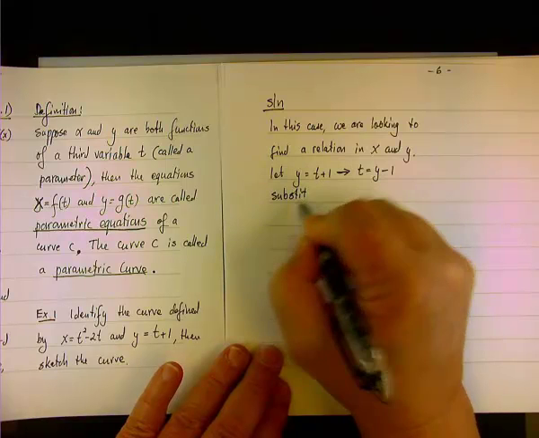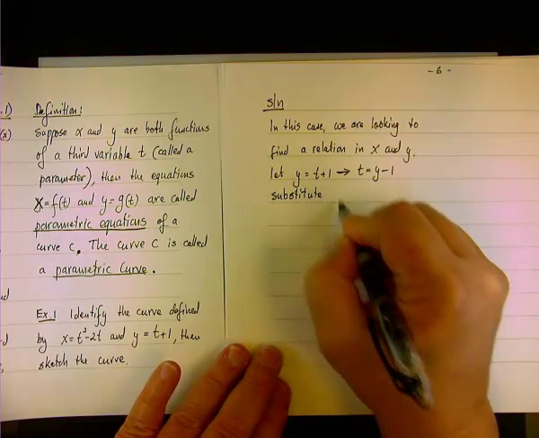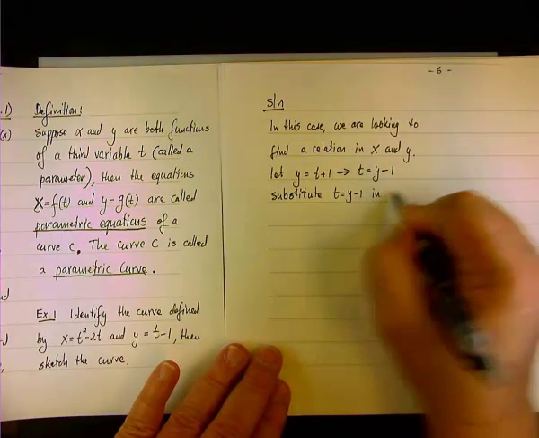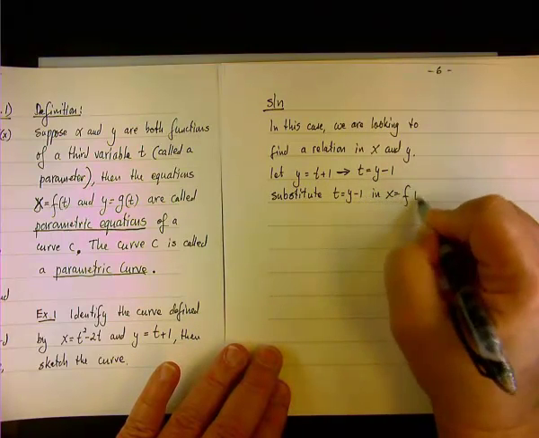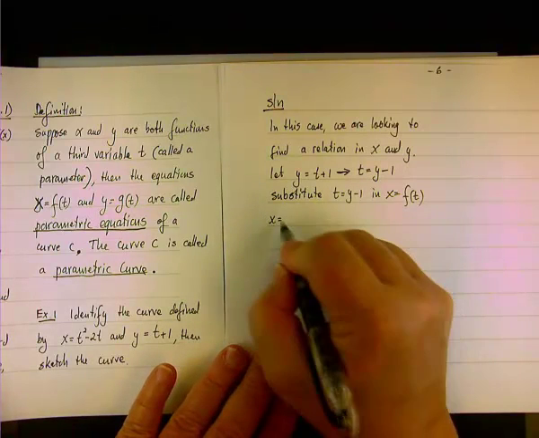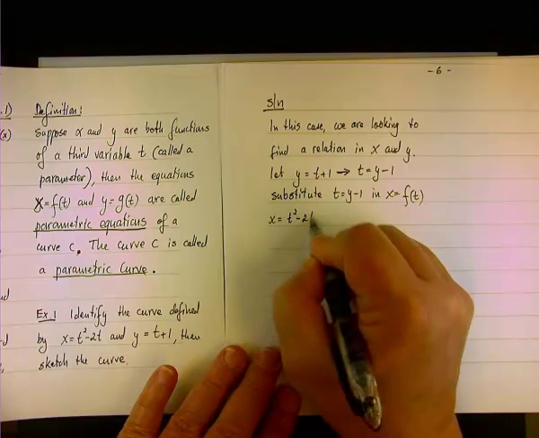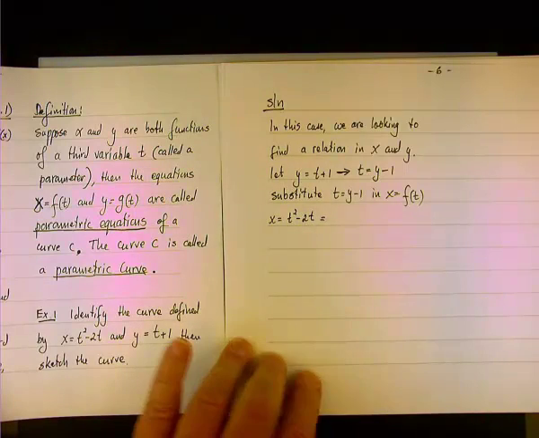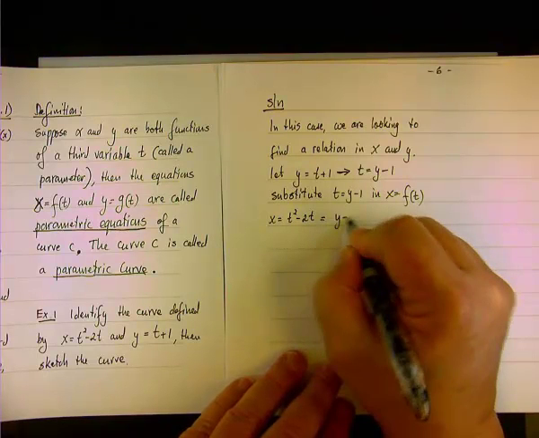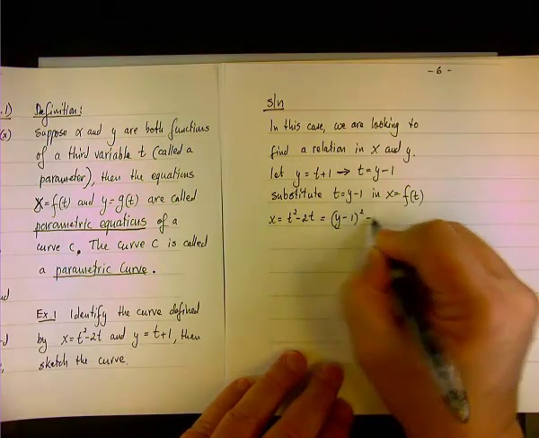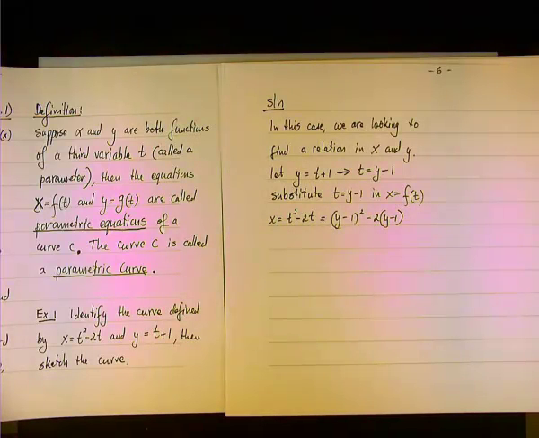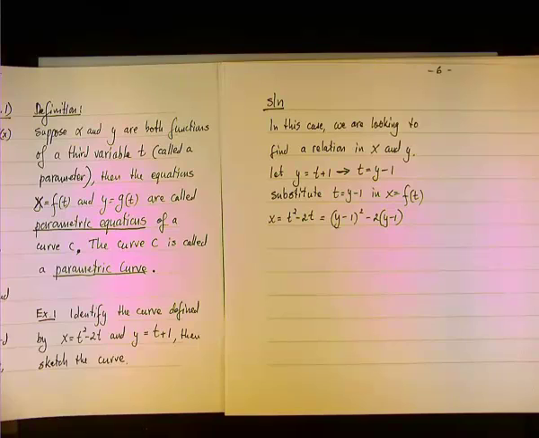So substitute t equals y minus 1 in x equals f of t. Okay, so what is x? x equals t squared minus 2t. And now we have something for t, and t is y minus 1. So we have y minus 1 squared minus 2 times y minus 1.